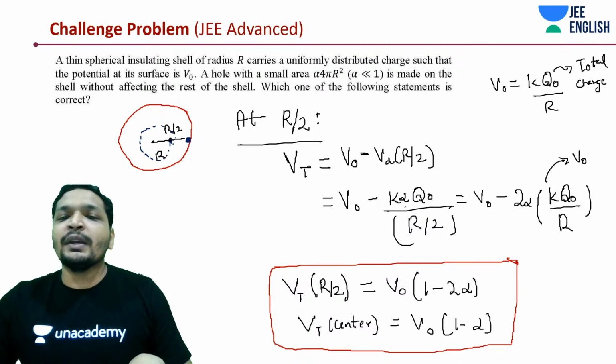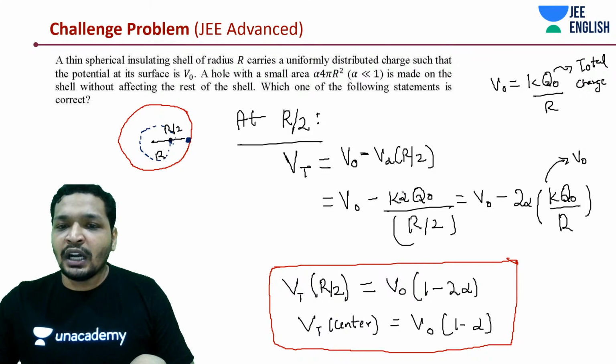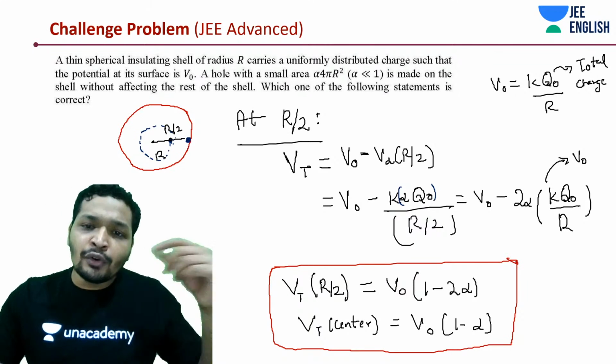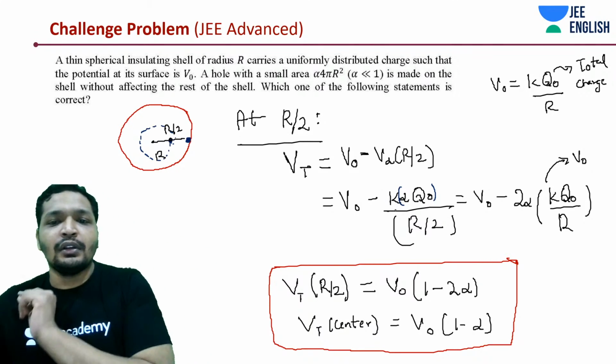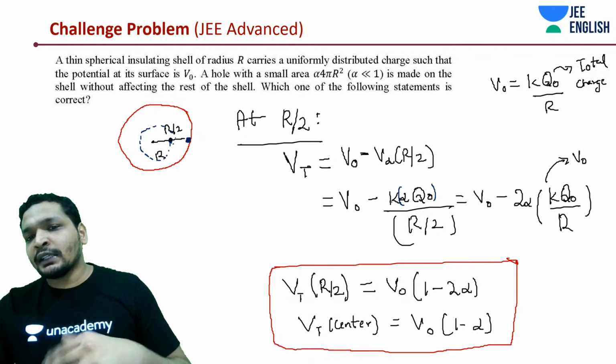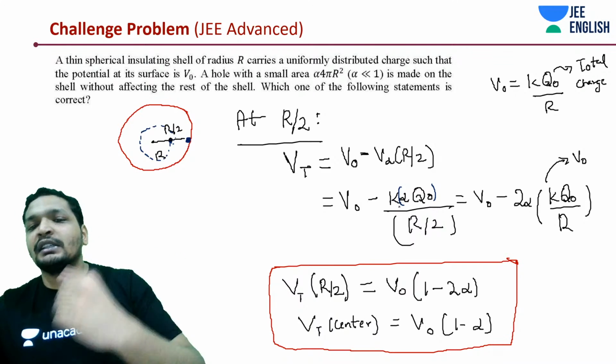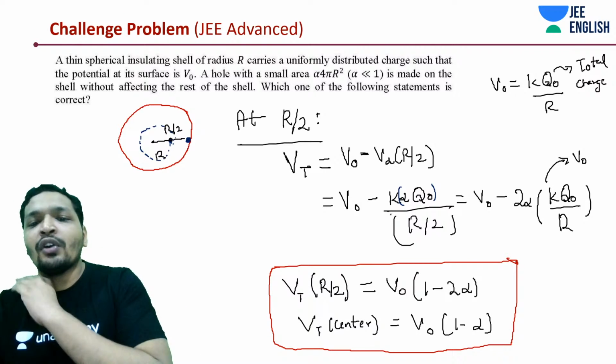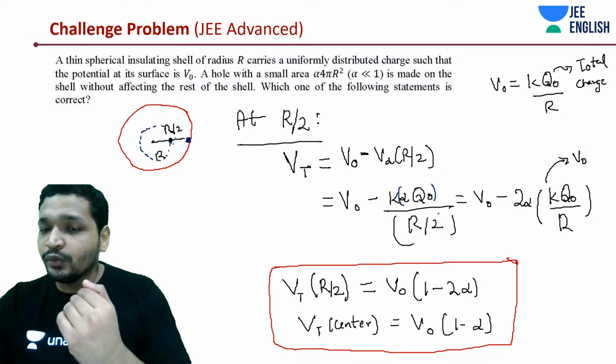So it's going to be k into alpha q naught, which is the charge that has been removed. It's basically minus alpha into q naught. We are subtracting it, so I'm not talking about it explicitly. So it's going to be k into minus alpha into q naught divided by r by 2.